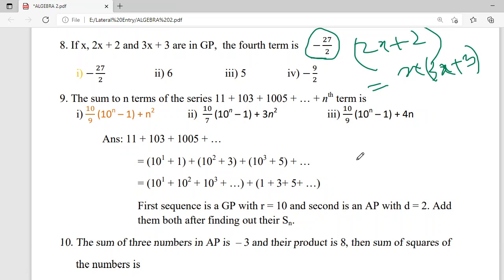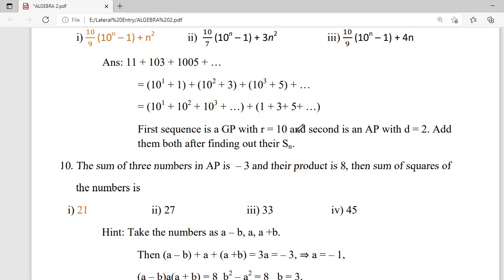So you write in this pattern, and then you are having this GP, and extra we are having 1 plus 3 plus 5. So these are sum of first n odd numbers, and their sum comes from the AP formula, and this comes from the GP formula.